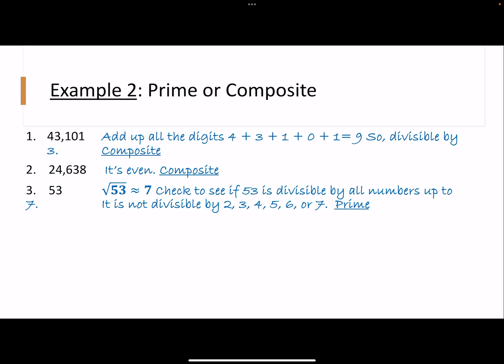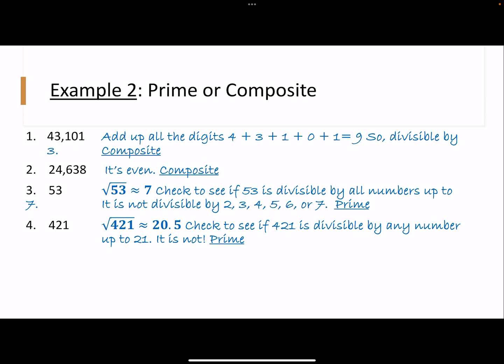It's not divisible by 3. It's not divisible by 4, 5, 6, or 7. Because I only have to check those factors, I can tell that 53 is a prime number. Meaning, again, that the only factors that 53 has, whole numbers that I can multiply together to get 53, are 1 times 53.